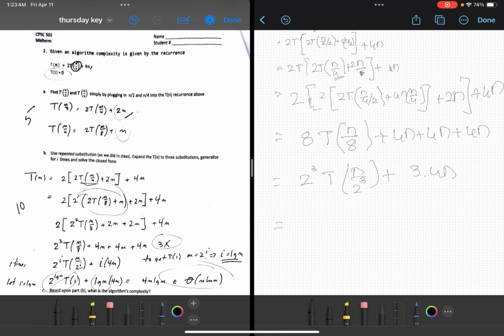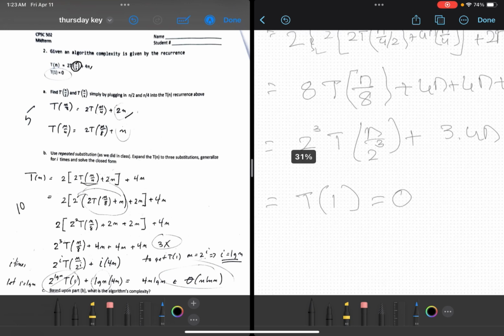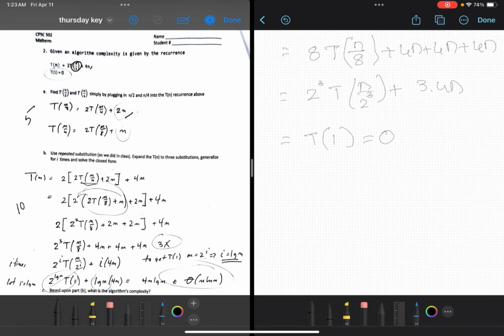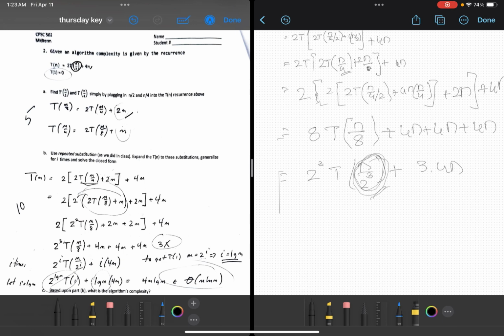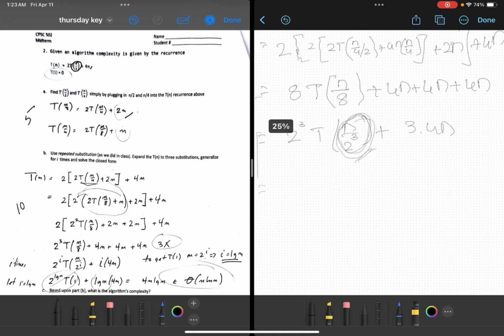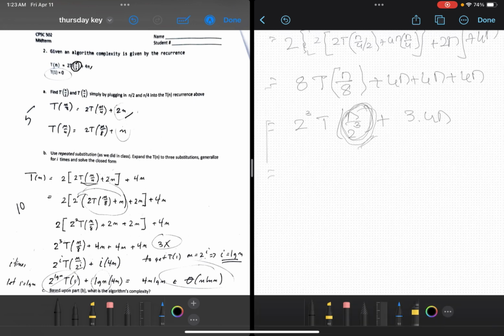We have also been given that in the base case, T of 1 is equal to 0. So what we need to do is try to substitute a value here and get this whole thing to come to 1, so that we can substitute T of 1.